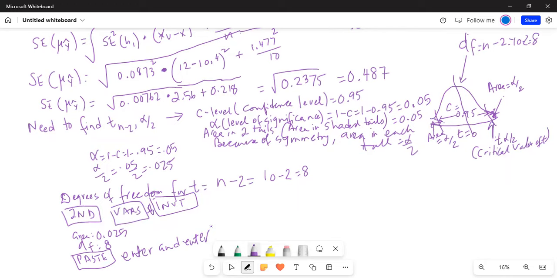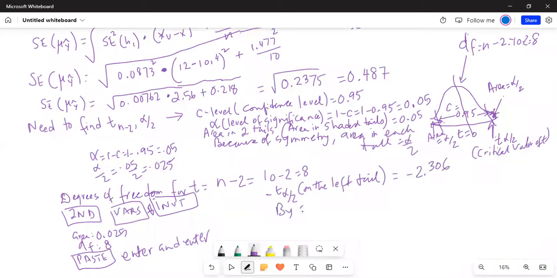So we get the negative value. We get minus T alpha by 2, which is on the left of the center, the left tail, and it is minus 2.306.